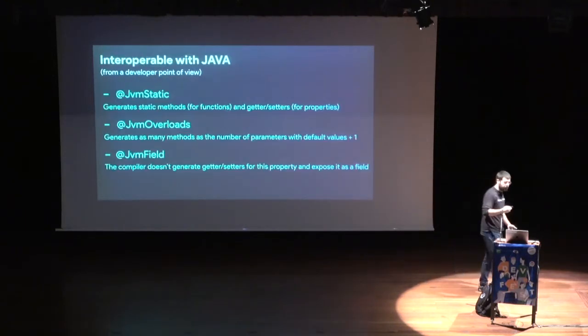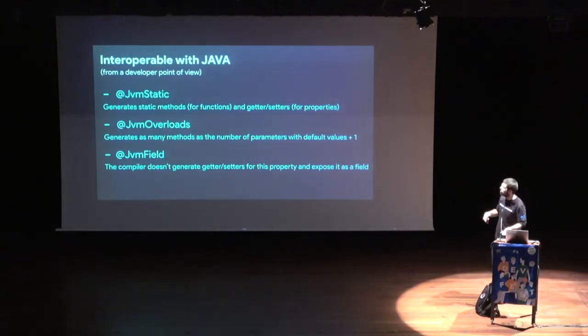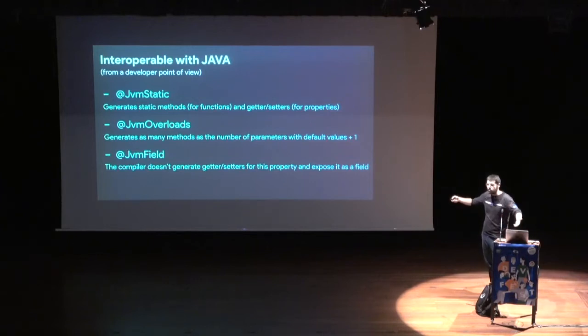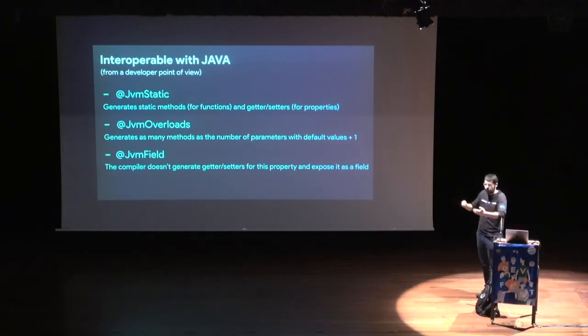It's also interoperable with Java. There are some annotations that you need to follow if you're still using Java. JvmStatic, JvmOverloads to overload the constructors, for instance, and JvmField saying that you don't need to generate the getters and setters for that particular field.